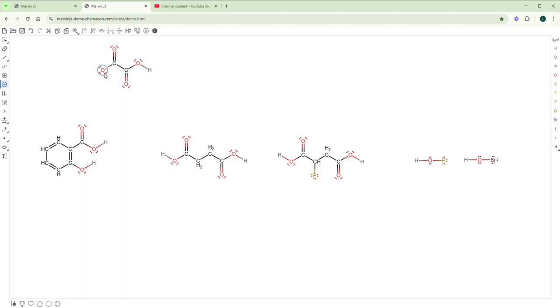And the strength of that acid is dependent on how stable the negative charge of the conjugate is. Now, there's a number of factors that can stabilize that negative charge. And oxalic acid falls into the category of carboxylic acids because all carboxylic acids are resonance stabilized.